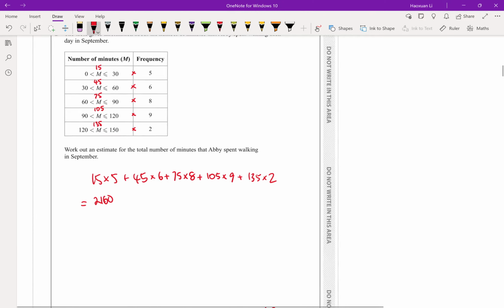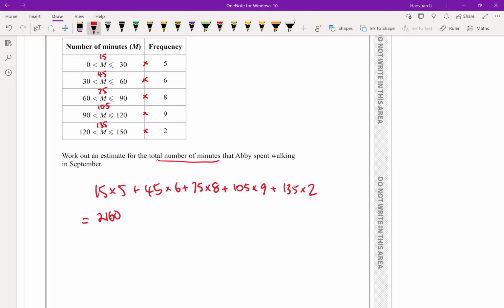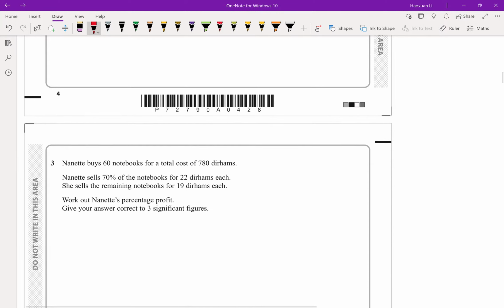And yeah, this is when you ask for the total number of minutes. If it asks about the average, you just add all the frequencies up and then use this to divide it by the total frequency.